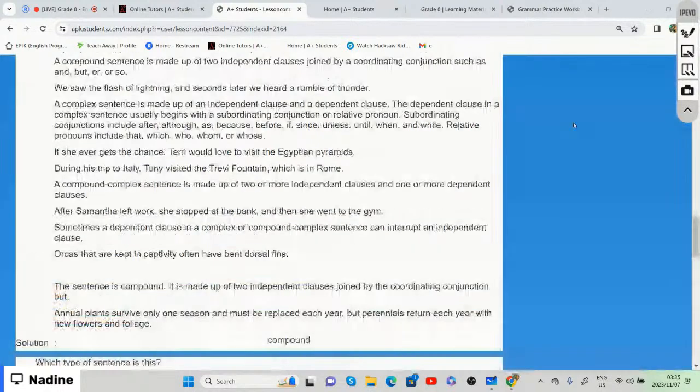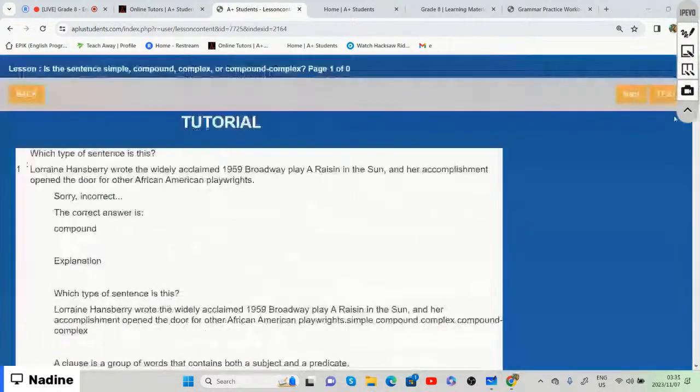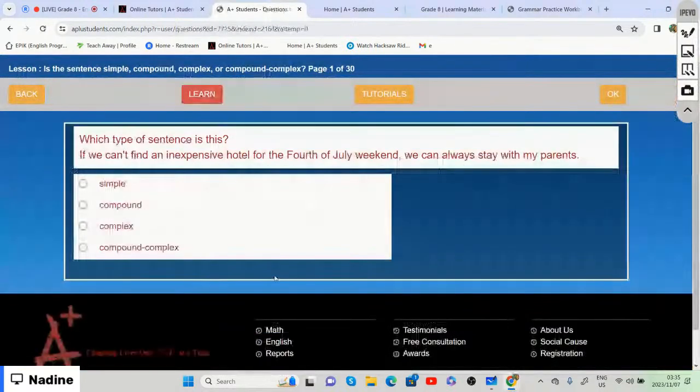All right, let's go to our test. So we're going to have to say which sentence this is. Is it a simple sentence, which consists of a subject and a predicate?